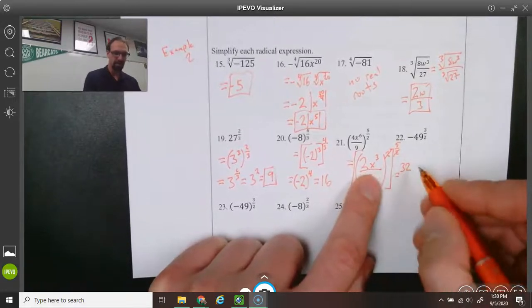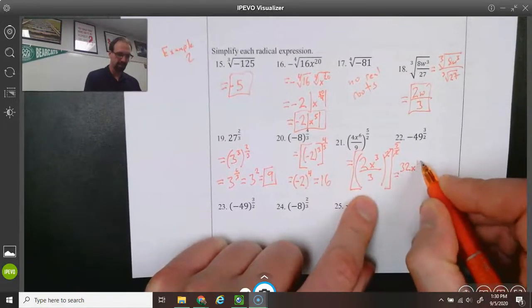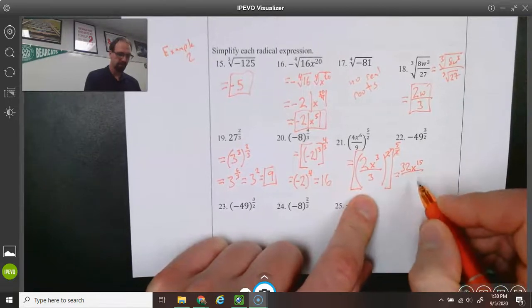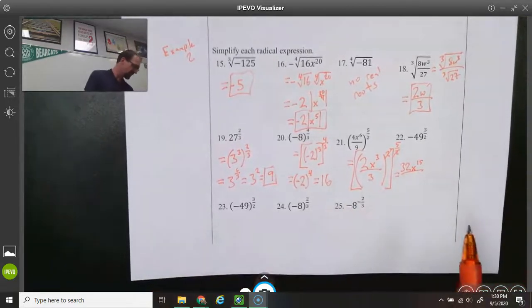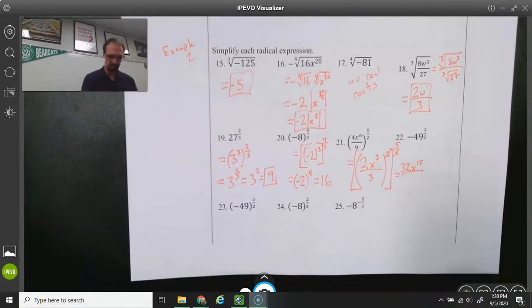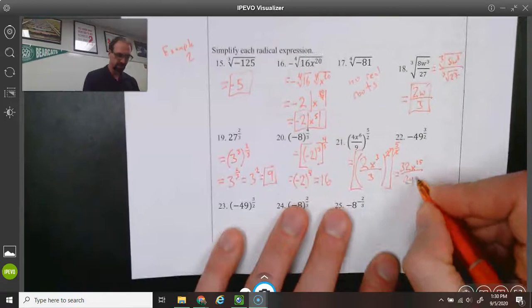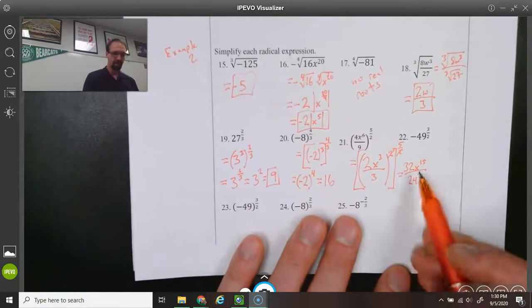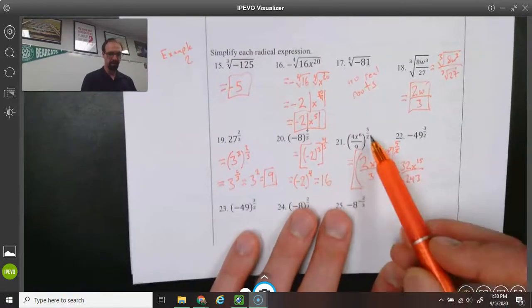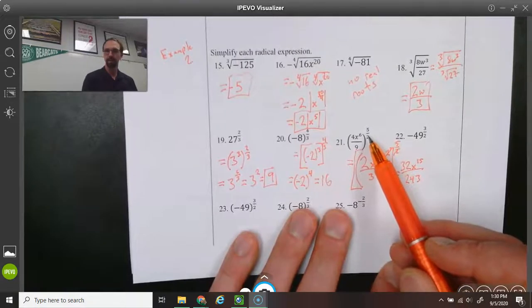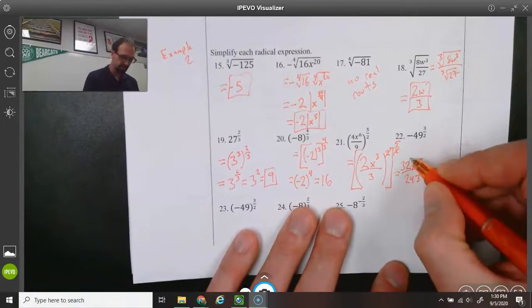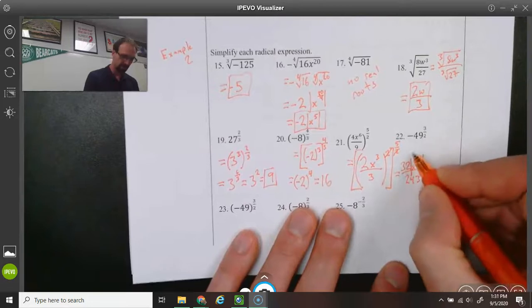X to the 3rd raised to the 5th power is x to the 15th. And then 3 to the 5th power, I don't know that one off the top of my head. I'm disappointed in myself. 3 to the 5th power, 243. I apologize. All right, one thing to note is that because we had an even denominator here, that x to the 15th needs an absolute value as well.